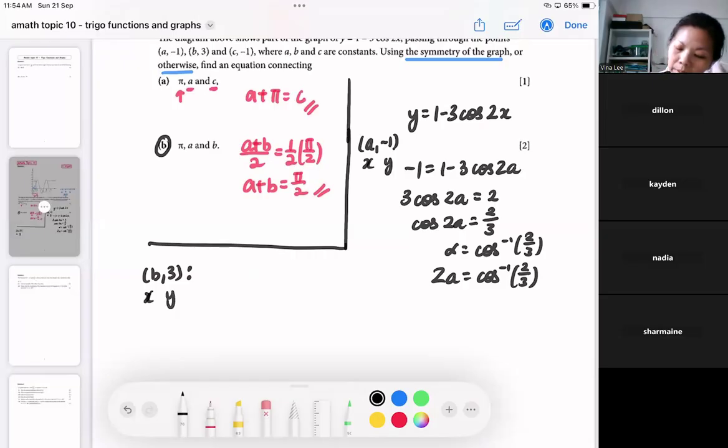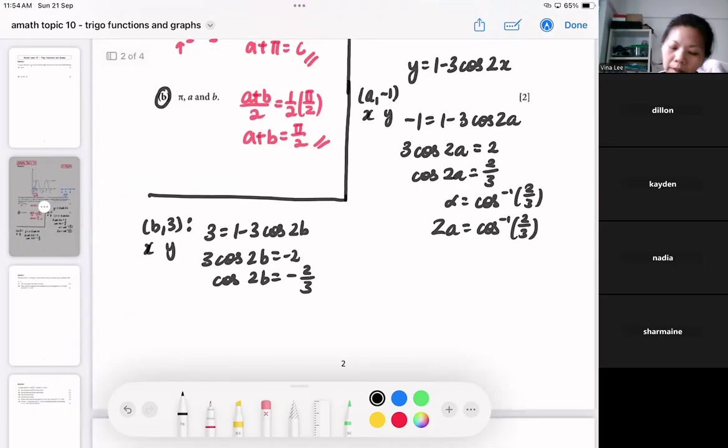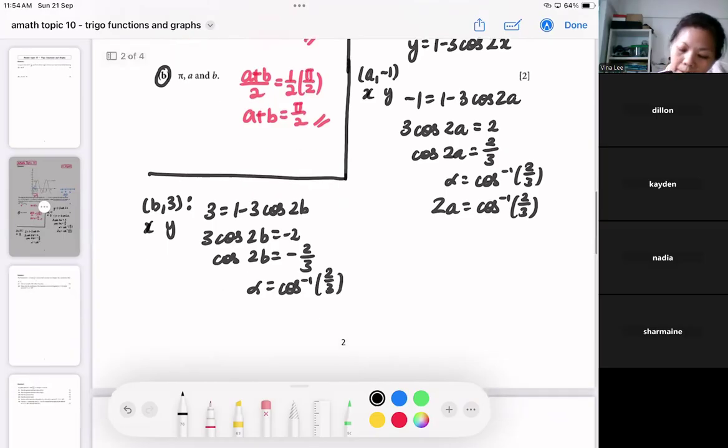So I will substitute, and again I'm going to reshuffle everything. But this time around you get a negative 2/3. Negative 2/3 doesn't change the basic angle, which will still be the same. But when you find 2B, it will be in the second quadrant because cosine is negative.